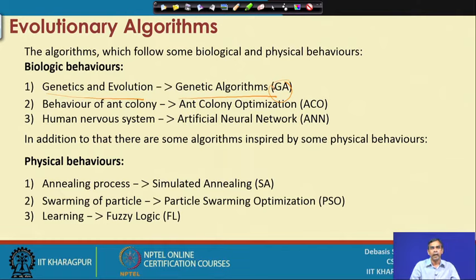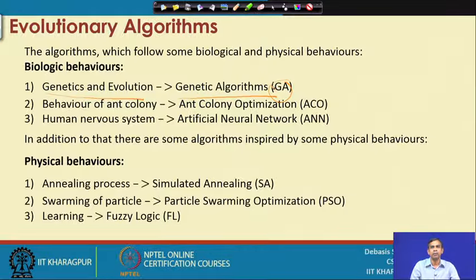Now, the way ants collect food or invite other fellows to a particular food source has been followed to solve optimization problems, and this is called ant colony optimization. It is also some sort of behavior of ants which has been adapted to solve optimization problems.